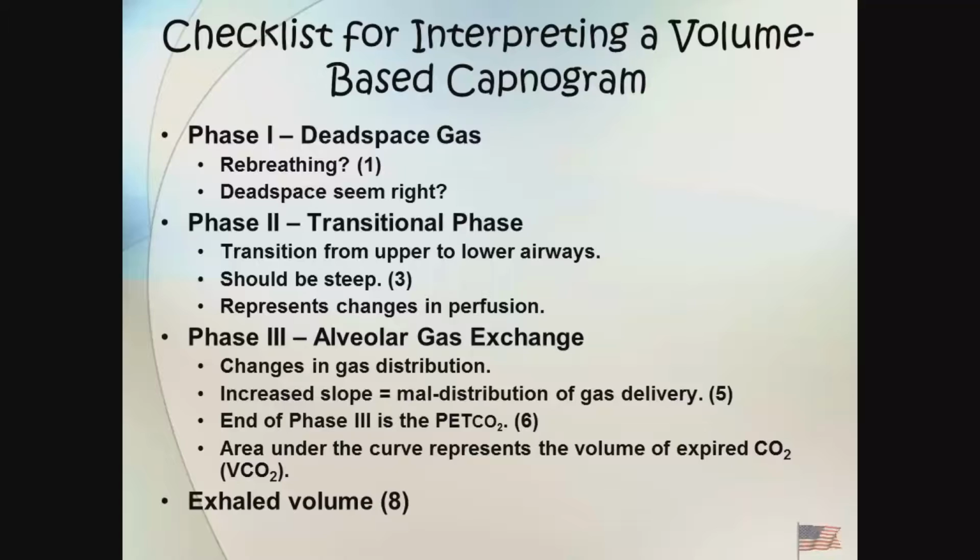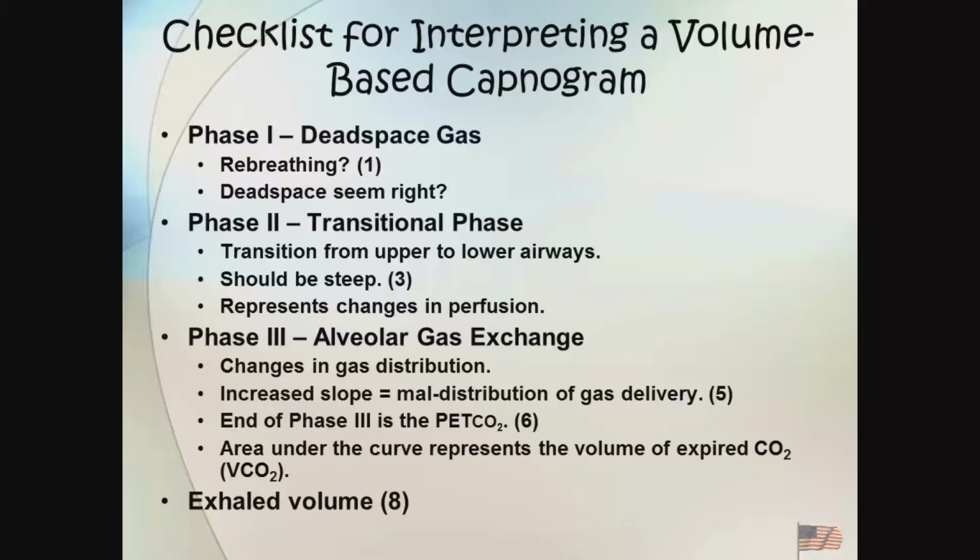This is representative of perfusion. We always think of CO2 as being ventilation dependent, but there's huge perfusion dependence also. So if we're not seeing adequate perfusion, the slope of that line, as we'll see, will start becoming more towards the horizontal axis. I've got some examples of these as we go through it.